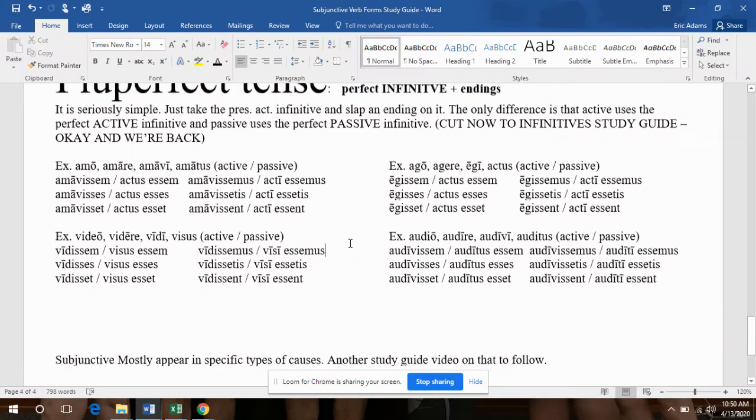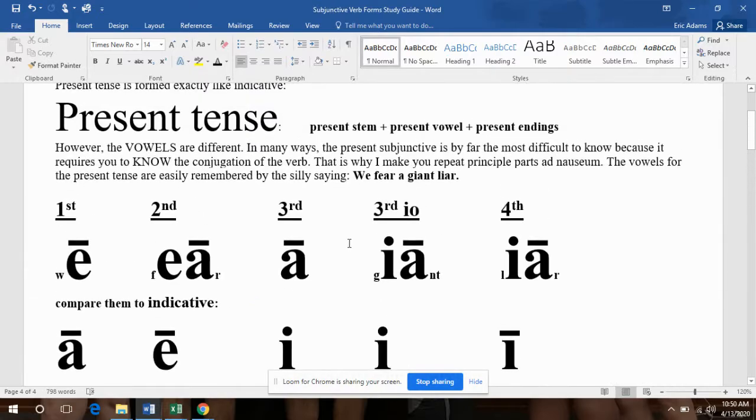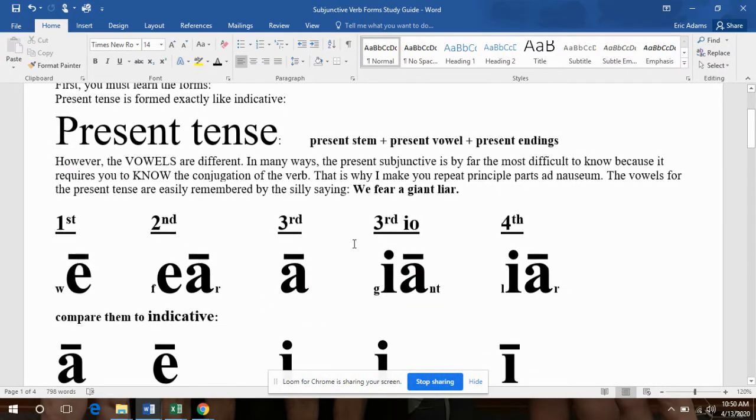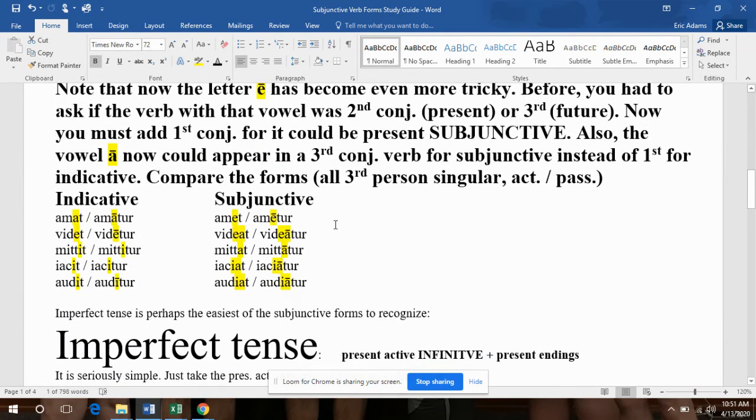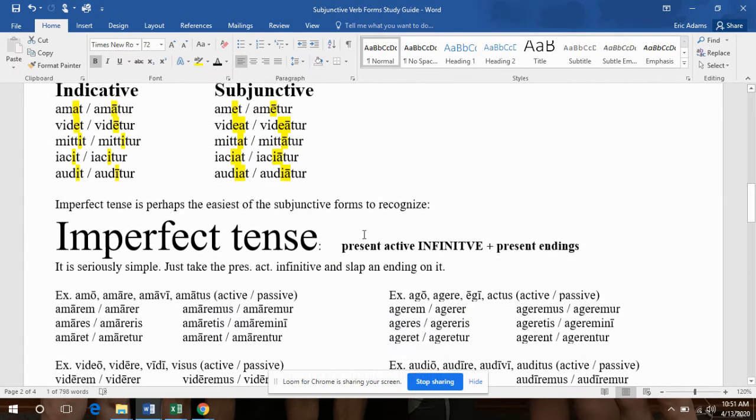So, quick overview again. I would argue that the most difficult to recognize is the present tense. Why? Because when you have the vowel, various vowels could appear in different moods, depending upon what conjugation it is. E, of course, the A, of course, and also you have to know what conjugation it is to determine the mood.